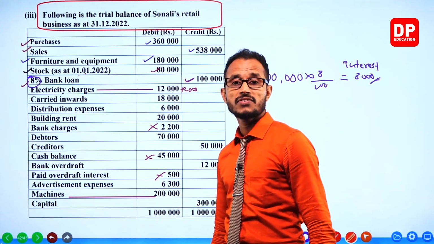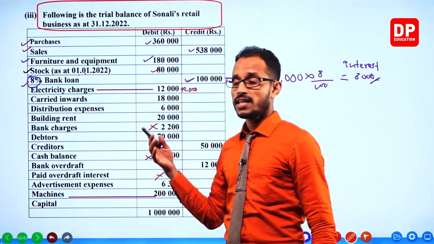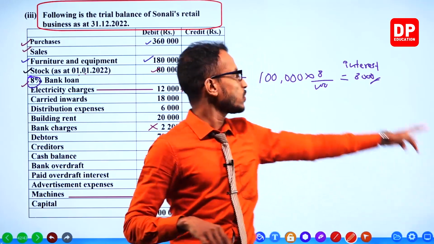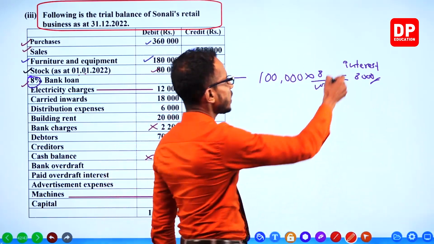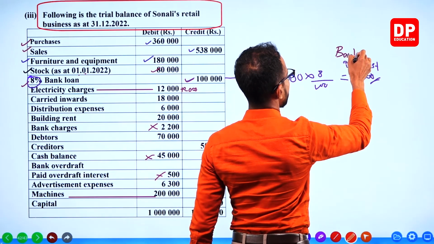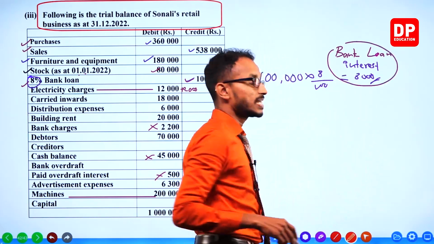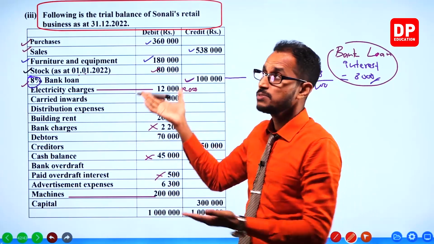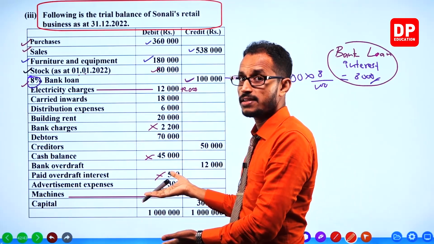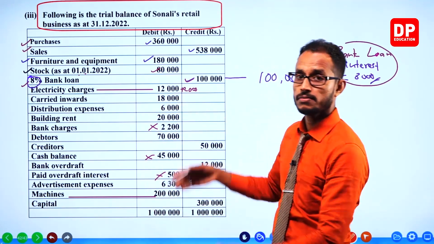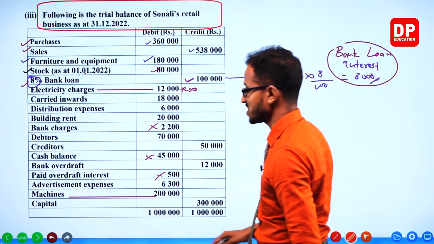We know what is an overdraft and what is overdraft interest. Here we have bank loan interest. That's what we calculated. It's an expense and it is not paid. If it is paid, it would have been entered here. If it is not entered here, it's not paid, which means it's accrued.